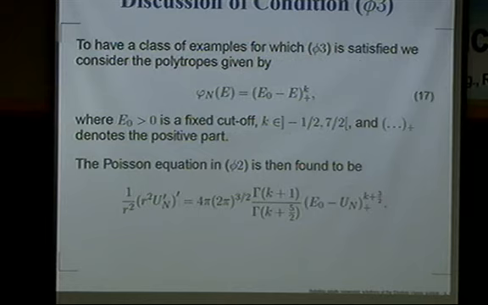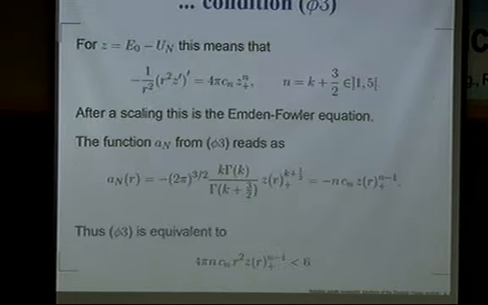Okay. So in the last minute I would say something about this condition 5.3, that there are steady states satisfying this condition 5.3. And what we do is to construct polytropes of this type. And it turns out that if we study such polytropes, the Poisson equation takes this form.